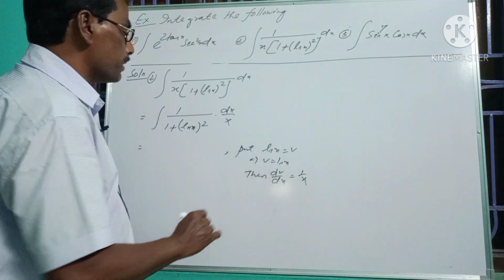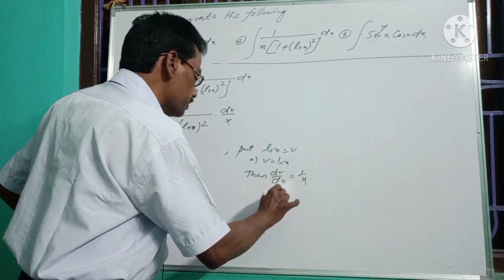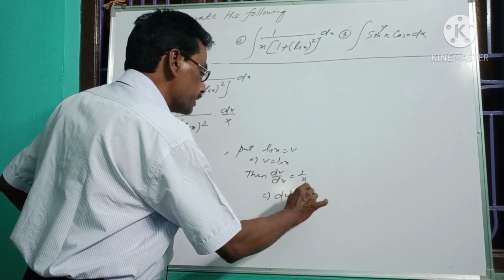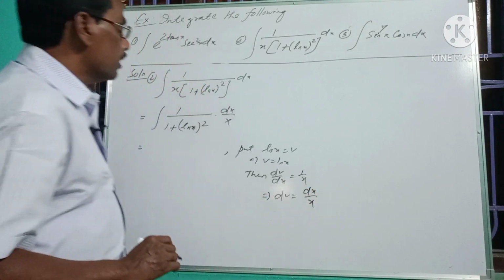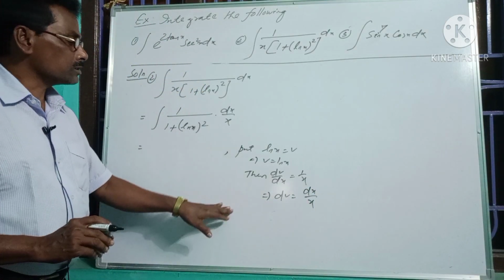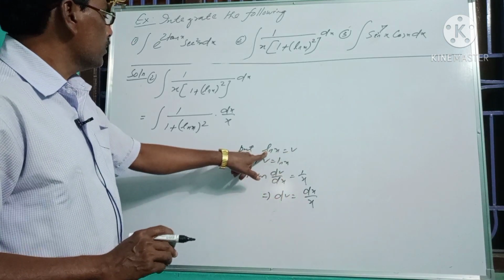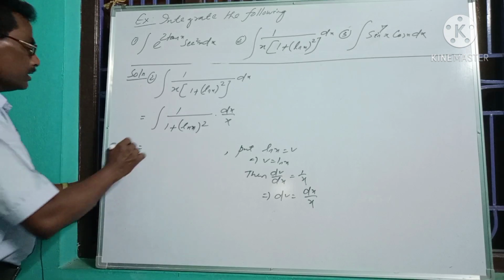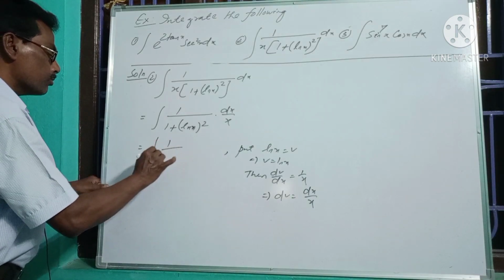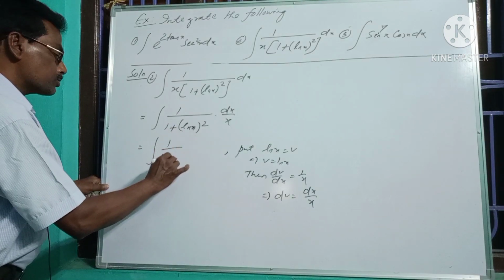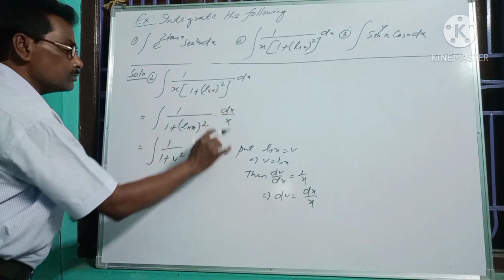So again simplifying, dv is equal to dx by x. So after substitution and differentiation, we got dx by x equal to dv and v as ln x. So replacing in the integral, it will give us 1 by 1 plus v square, and in place of dx by x we can write dv.